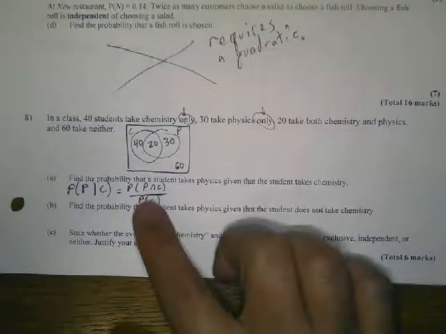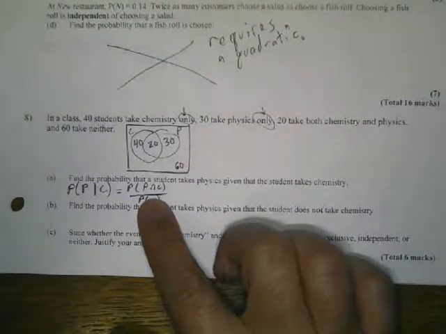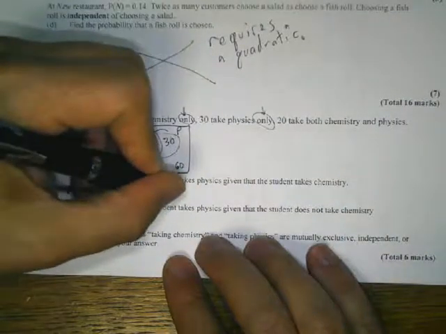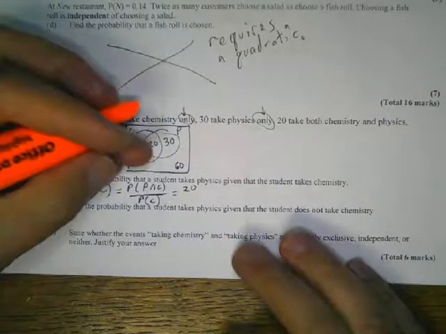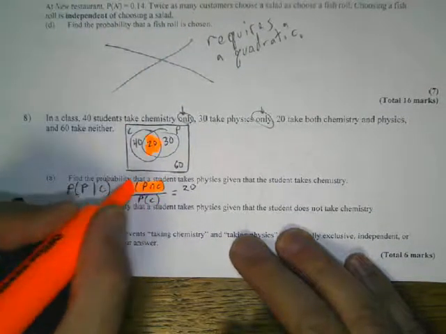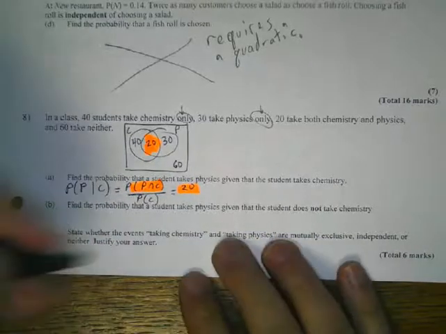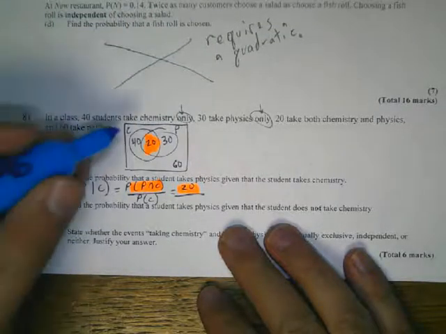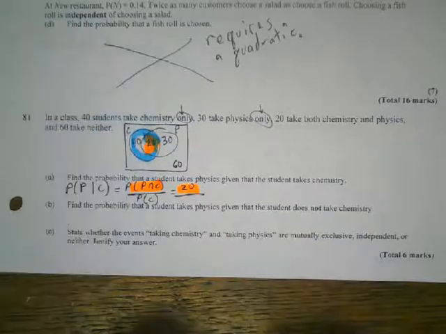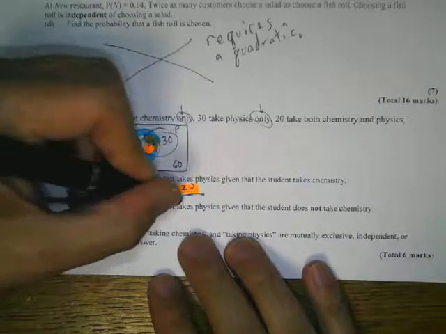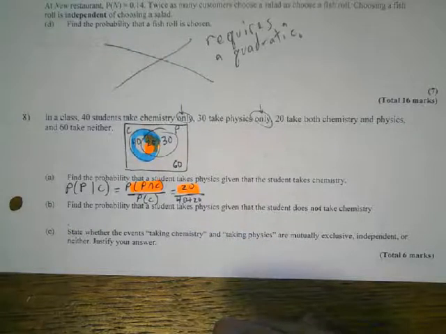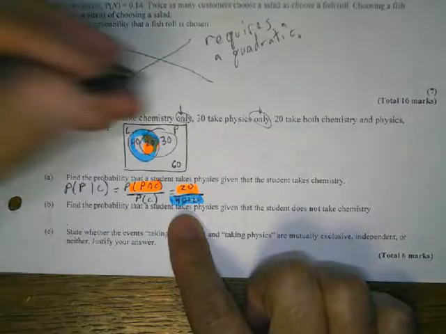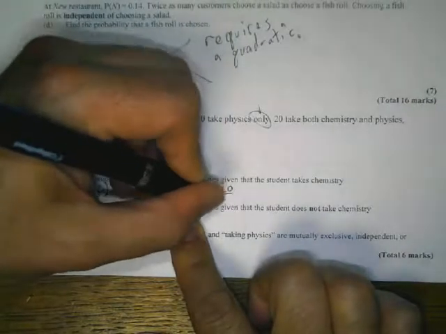The intersection of physics and chemistry is 20. This intersection here is 20. The probability of taking chemistry is 40 and 20. So this simplifies to give me 20 over 60, or 1/3.